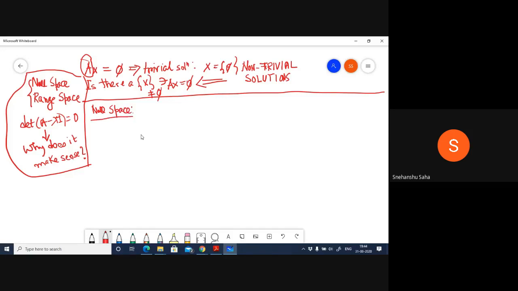Now, suppose A is a rectangular matrix, M by N, induced by a linear transformation.